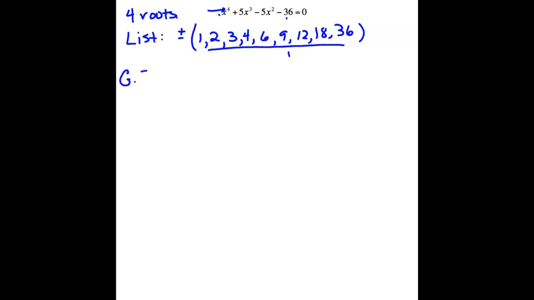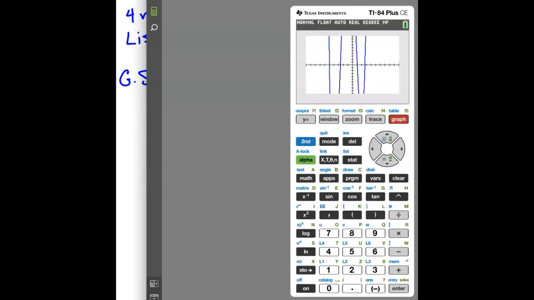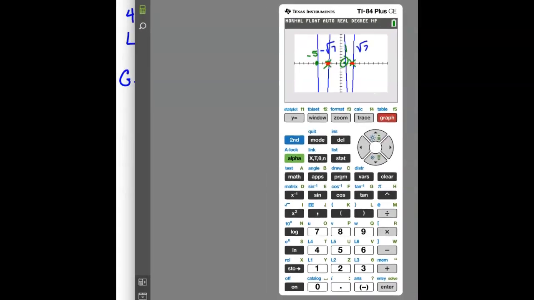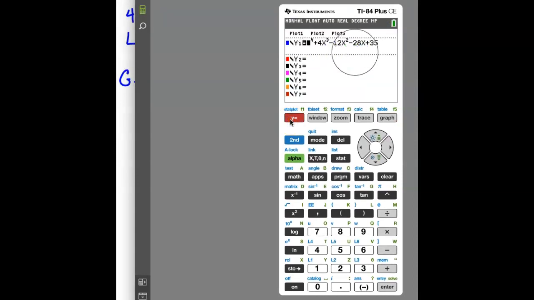Okay, we're going to look at what our graph suggests. So once again, we're going to pull in our graphing calculator. We have an x to the 4th plus 5x cubed minus, I'll delete that one out and change that to a 5, minus 5x squared.